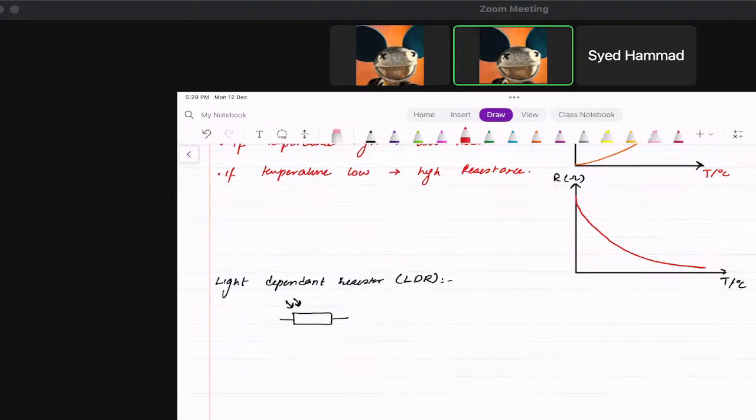So at high light intensity, a lot of light shining on it, it has low resistance, and at low light intensity, like in darkness, it has high resistance.